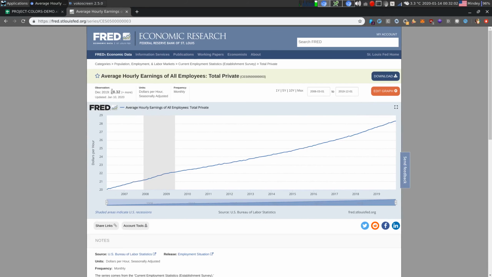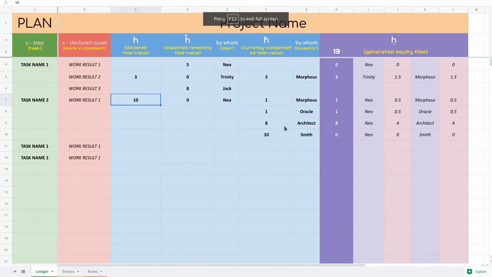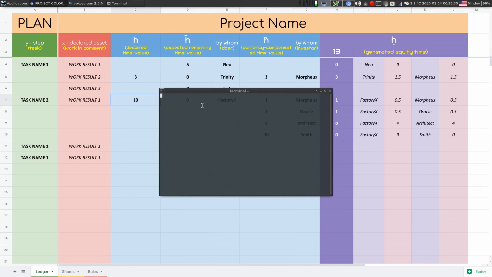So whenever you need to specify some kind of contribution, let's say some specific factory, now let's say this is not between Neo and his friends, but some Factory X. X is providing some glass or some kind of thing, and it costs maybe $100,000.